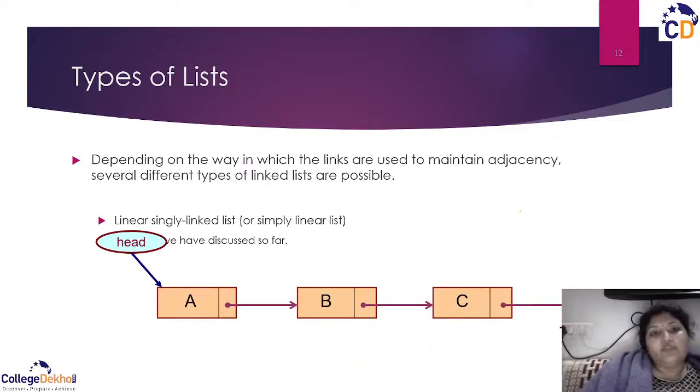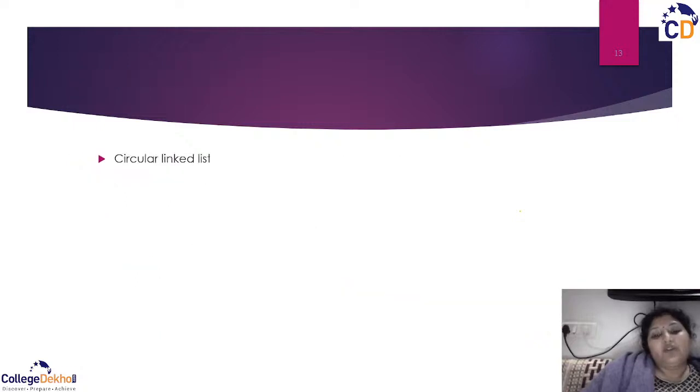What are the types of list we have? Depending on the way in which the links are used to maintain adjacency, several different types of list are possible. It could be a linear singly linked list, a doubly linked list, or a circular linked list. Now we have already understood the singly linked list, in which we have only two parts of a node, right?